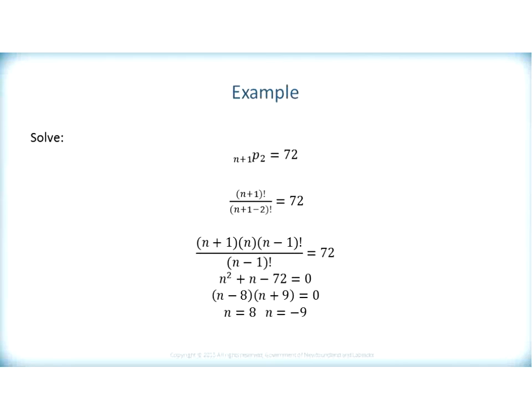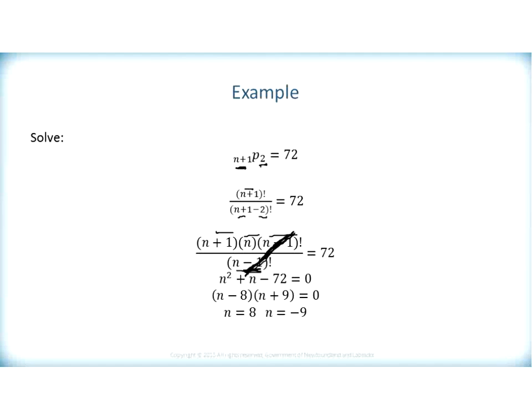Let's have a look at another example. Once again, this n plus 1 will be n in the permutation formula, and 2 will be r. And we see we have n plus 1 factorial over n plus 1 subtract 2, which is n minus 1. In rewriting the n plus 1 factorial, we have n plus 1 times n times n minus 1 factorial. And once again, we cancel the common factors.